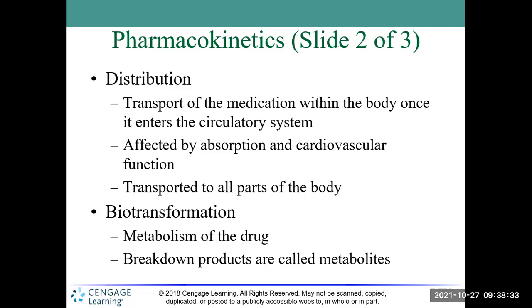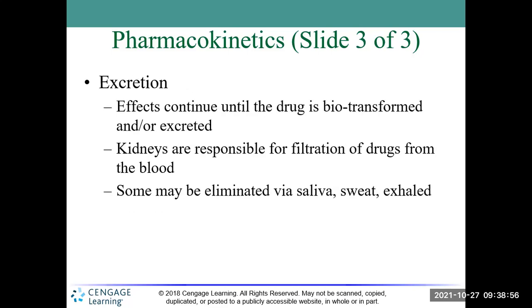So anytime we're testing for things like cocaine or heroin in a drug screen, we're looking for the metabolites of that drug, because it's already been broken down. So we know then those breakdown products of that medication are only specific to that medication. So that helps you identify that.